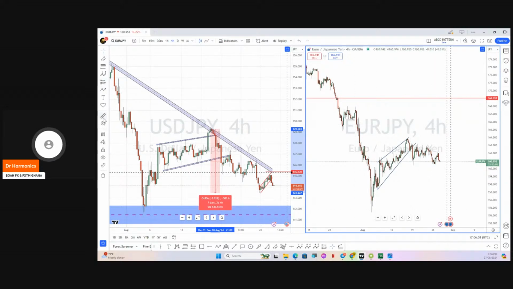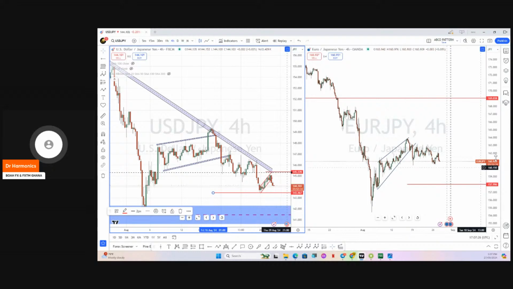So we've seen that we are lagging. Let's calculate 583 pips over here. Okay, that is this point.